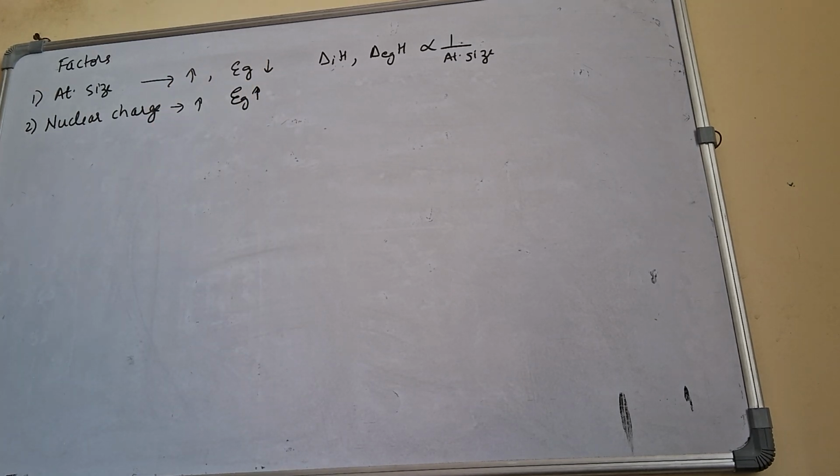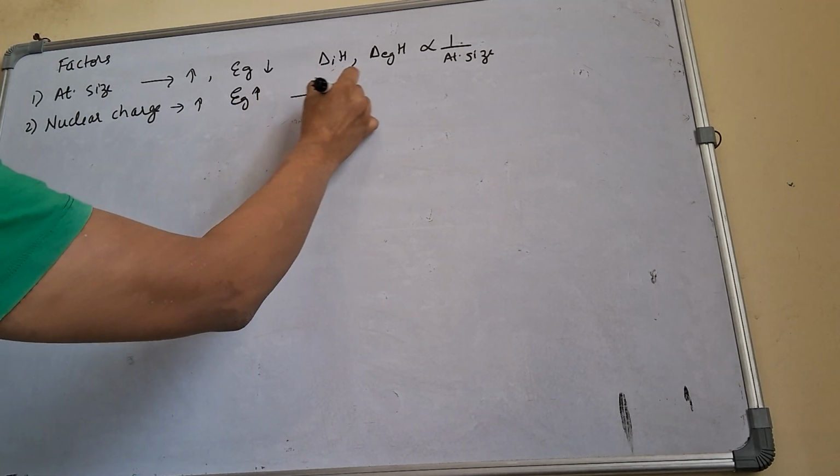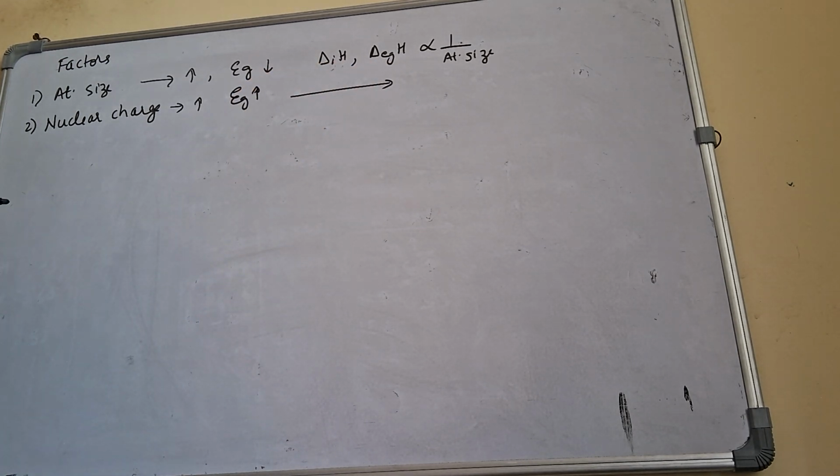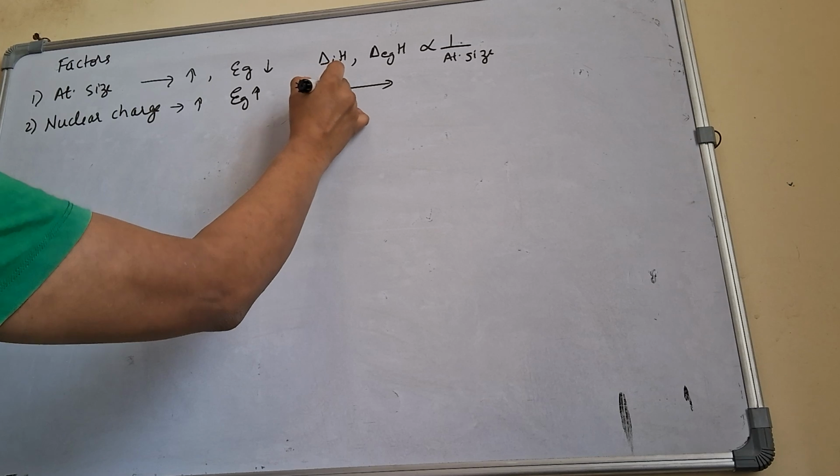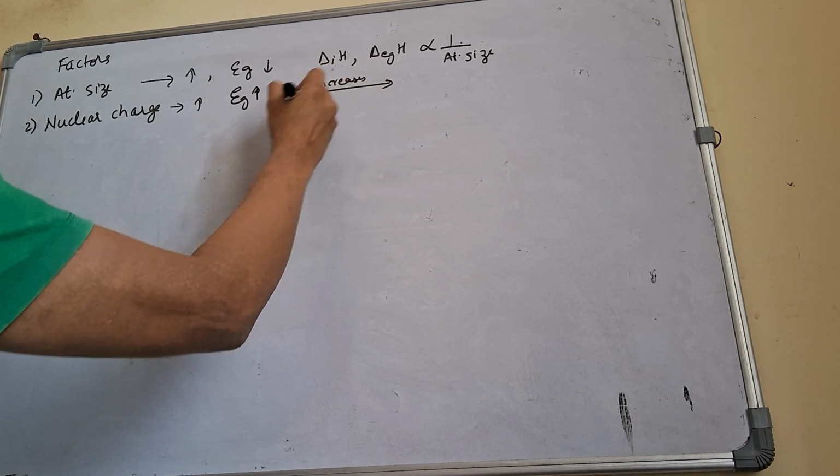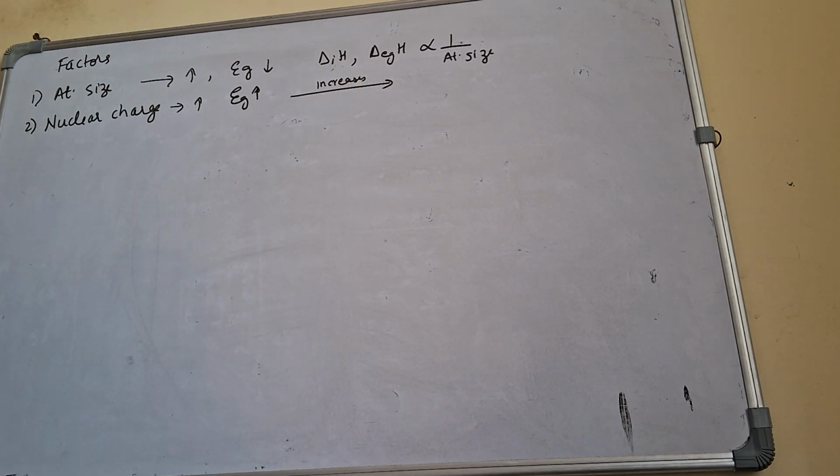Now, like I told you, the trend is already discussed. Across the period, electron gain enthalpy will increase. Logically, you can think from metal to non-metal. Non-metal would want an electron, so that's the reason it increased. But if you have to explain it, you will say atomic size decreases across a period because of the effective nuclear charge increase. Force of attraction is greater.